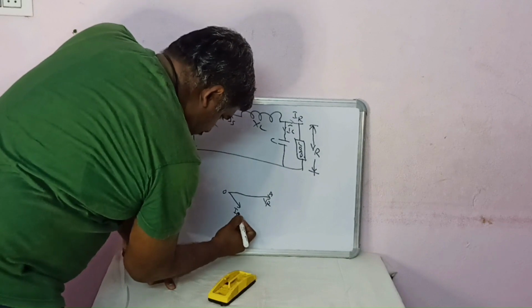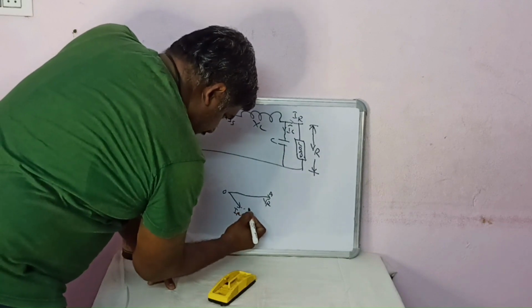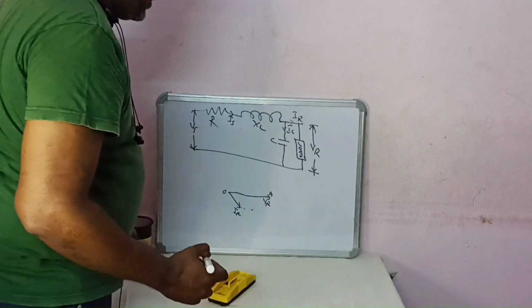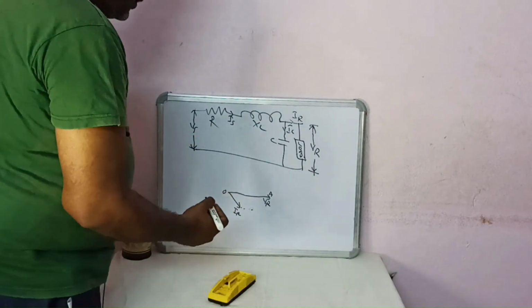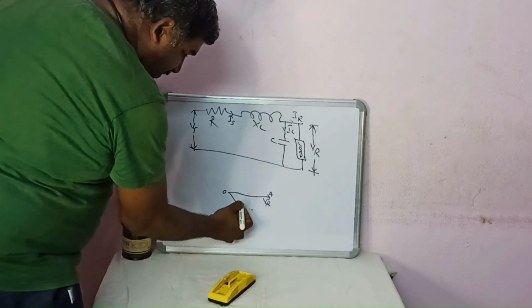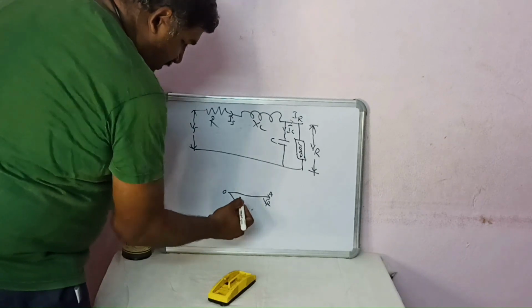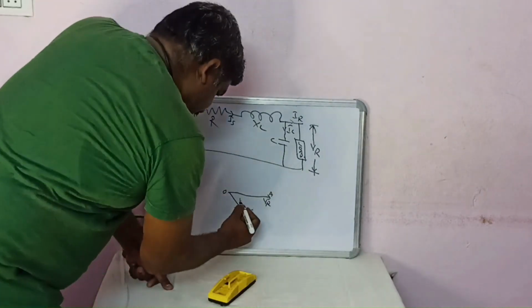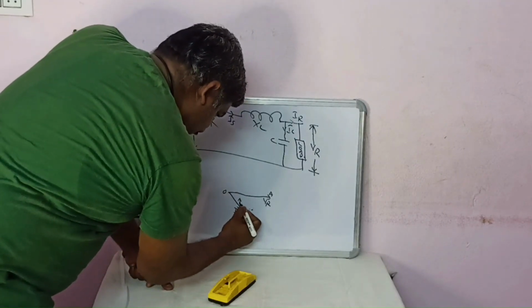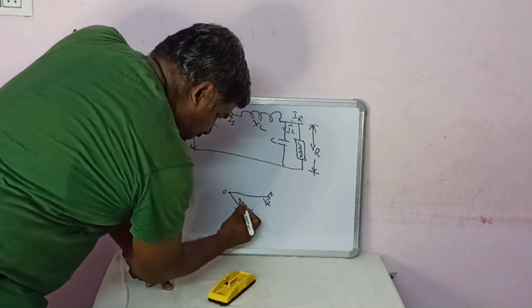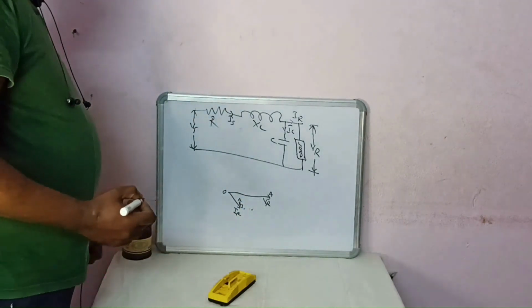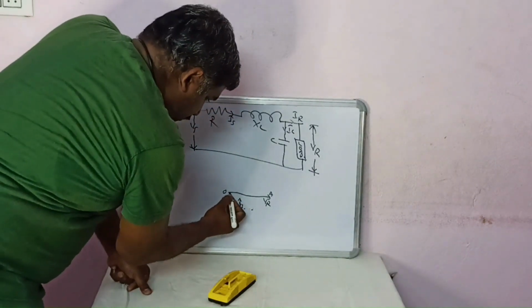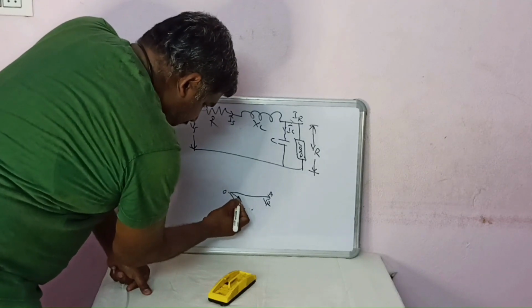This is my IR, and at this location we are supposed to draw the capacitor current IC, which is taken at an angle of 90 degrees, and the angle from here to here is 90 degrees. At the tip of IC, I need to join the two points to find the value for IS.